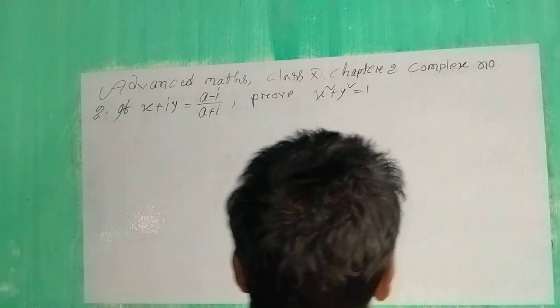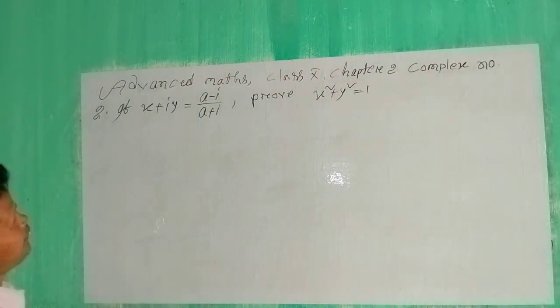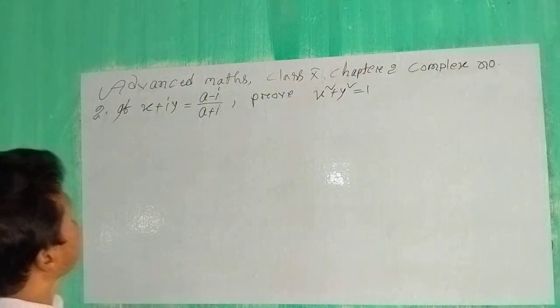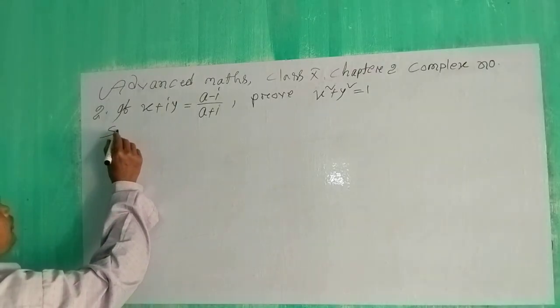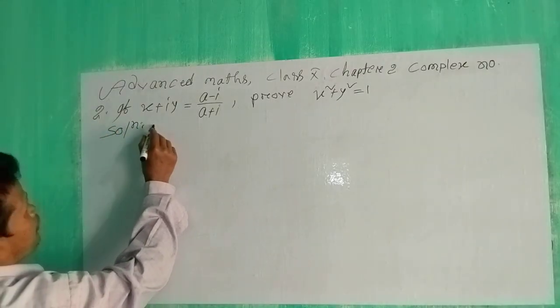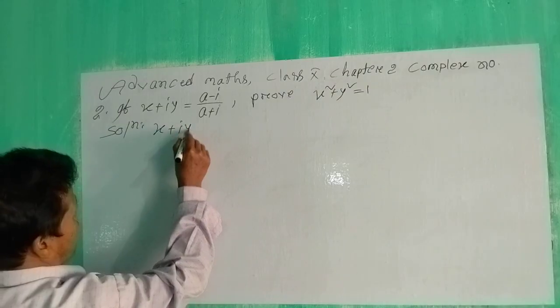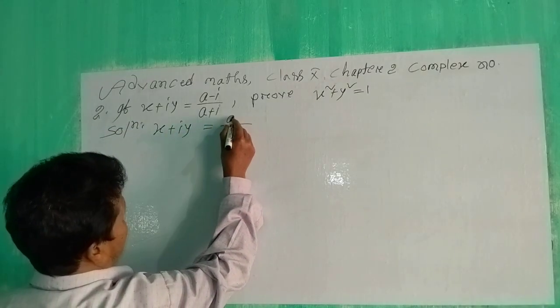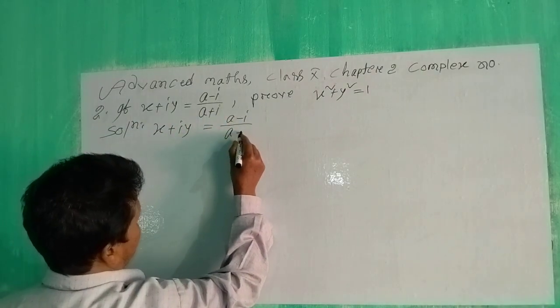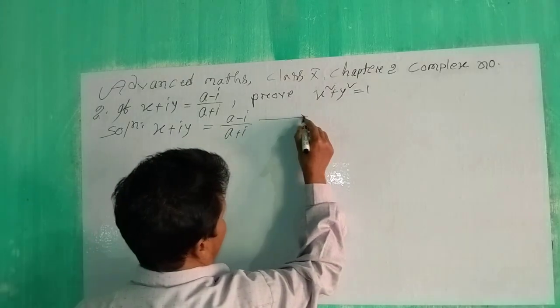Going to solve by a simple method, that is, taking the conjugate. Given x plus iy equals a minus i by a plus i, equation number 1.